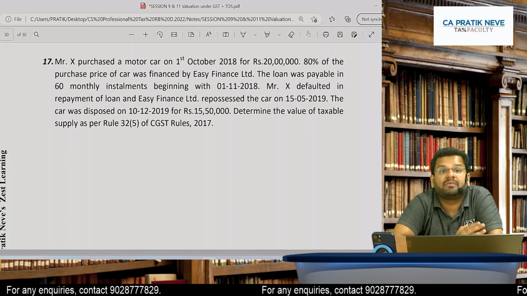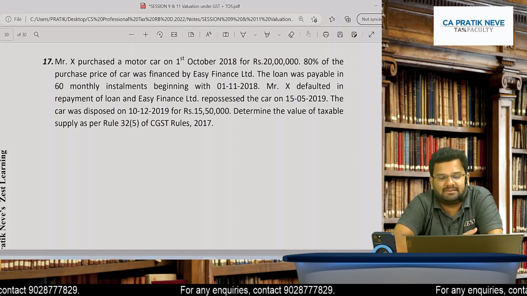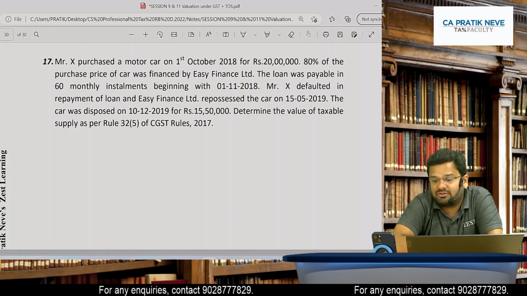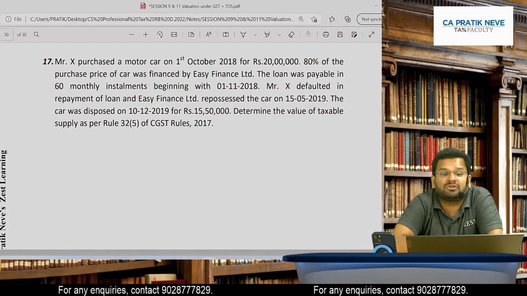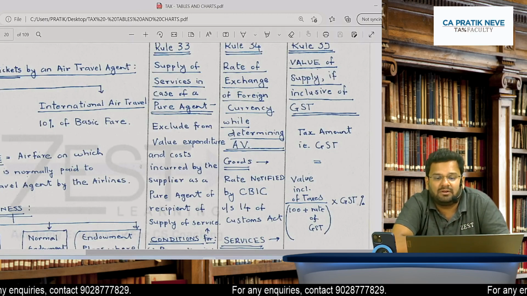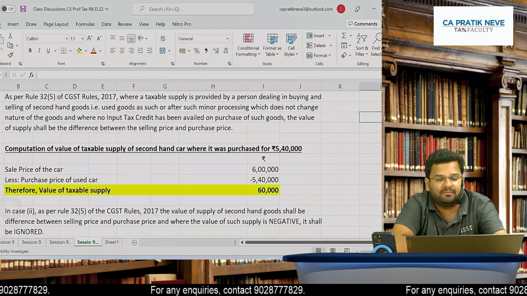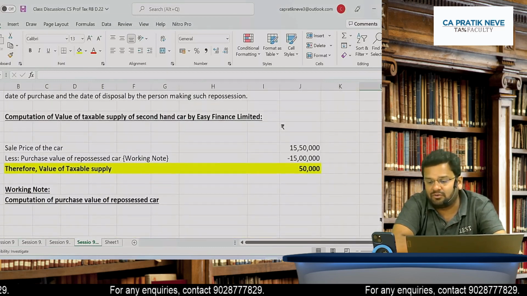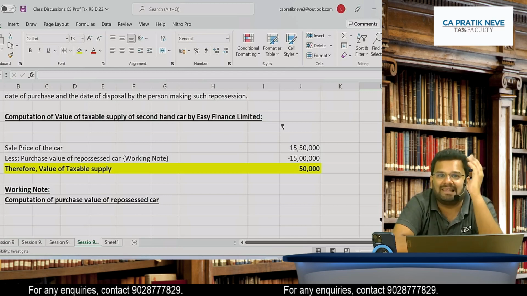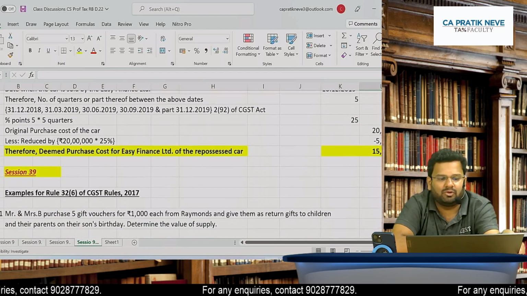Please do one thing. 20 lakhs minus 25% of 20 lakhs. Is it 15 lakhs? So deemed purchase cost for Easy Finance is 15 lakhs. Its selling price was 15,50,000 and deemed purchase cost is 15 lakhs. So assessable value will be 50,000. Agreed? This is also one of the questions in queue, in line, to be asked by your examiner. Will you be able to answer such question?